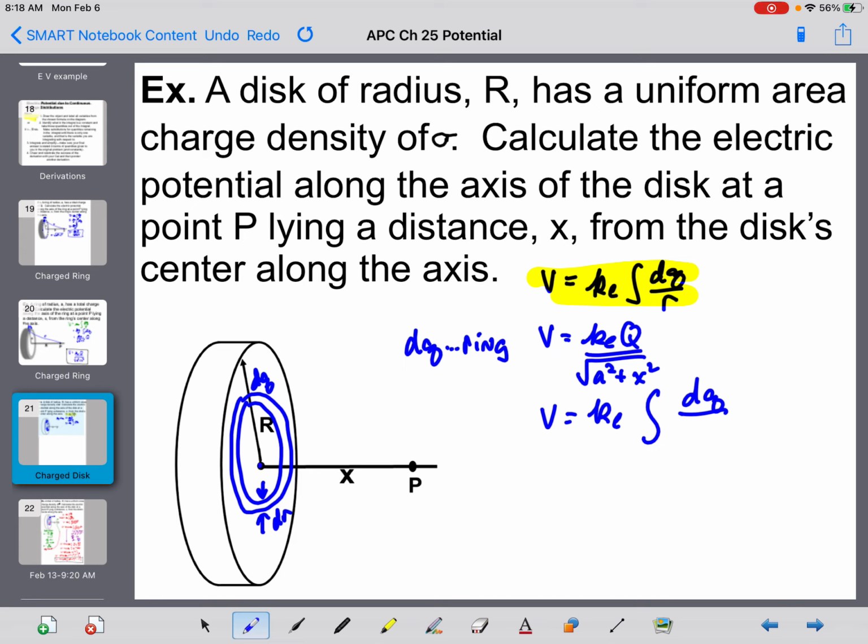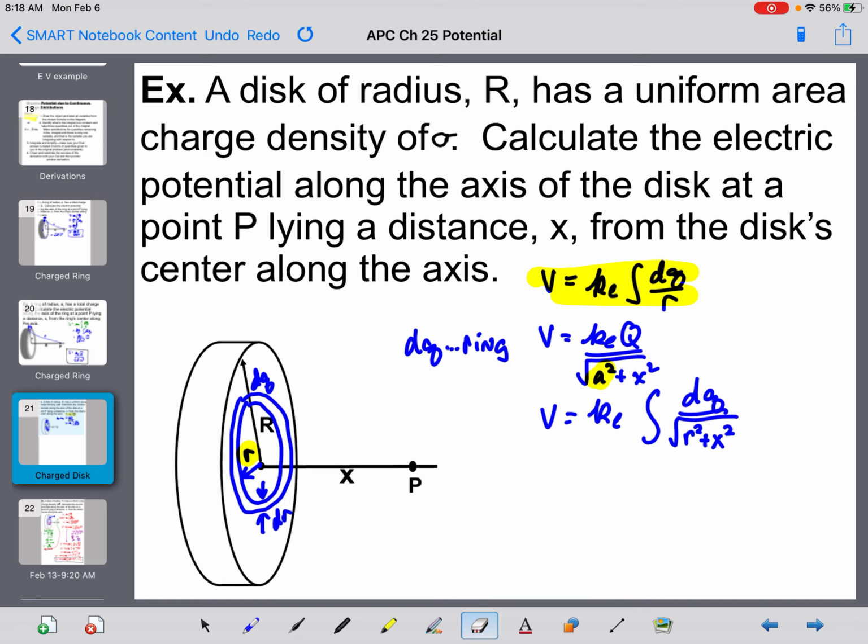I'm going to call little r the radius out to the ring, and the ring has a thickness of dr. So what we had as a here is really the same thing as r over there. So I'm going to write the square root of r squared plus x squared. Oops, and we already have the dq there.